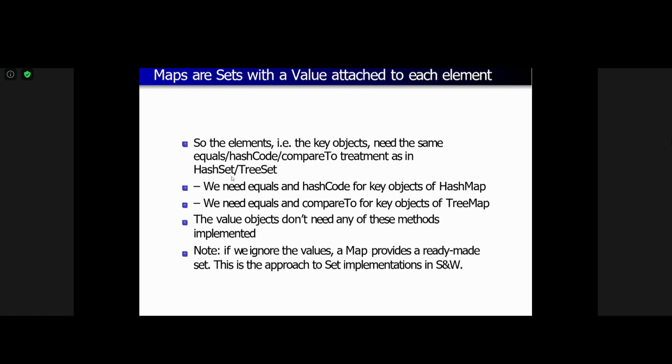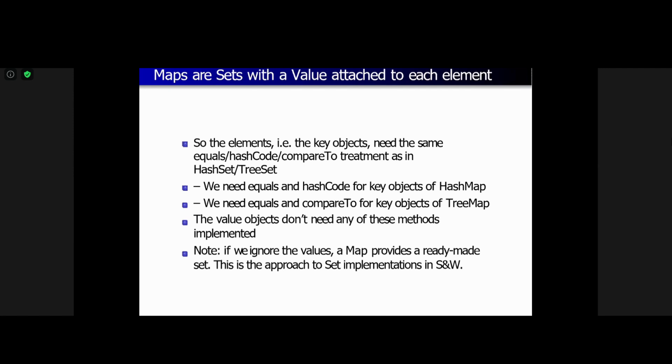Okay, so we can see that we have the same need for equals and hash code and compareTo. You can see that the basic structure of a map involves the domain elements, and the domain is a set. So when you're working with keys, it's just like working with a set.